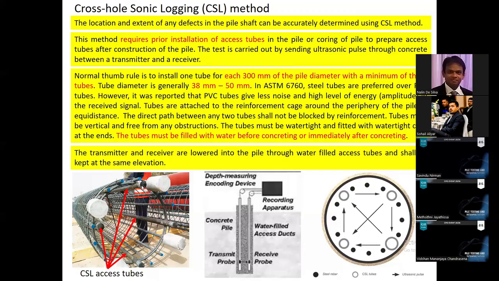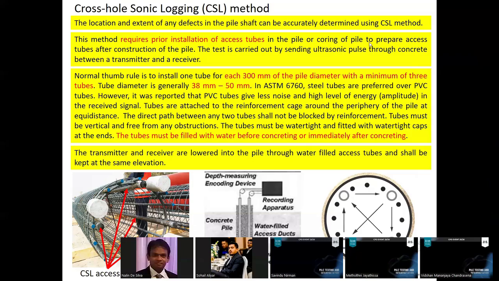The number of tubes depends on the diameter. As a rule of thumb, each 300 millimeter of pile diameter needs one tube, with a minimum of 3 tubes.